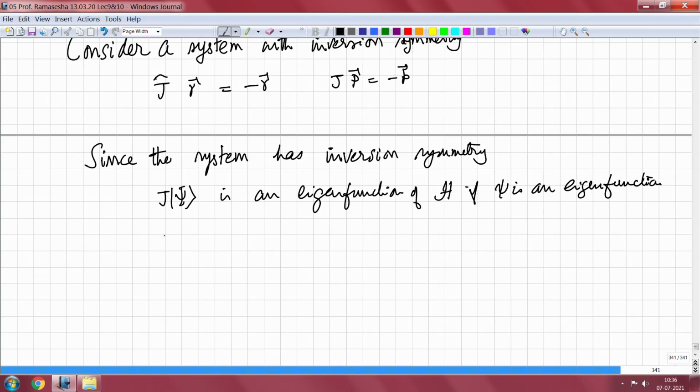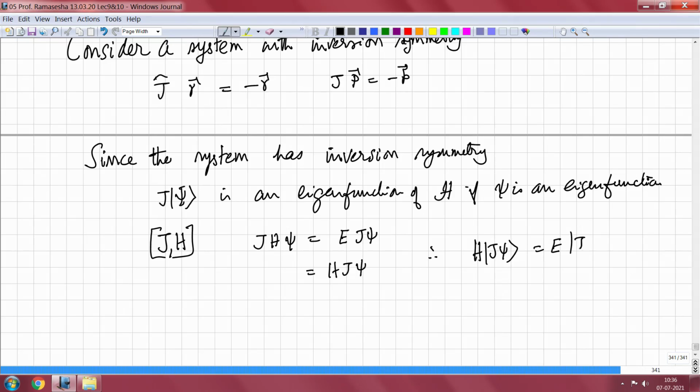Simply because J and H commute, so that JH psi is equal to EJ psi, and this is equal to HJ psi because they commute. Therefore HJ psi is equal to E times J psi.